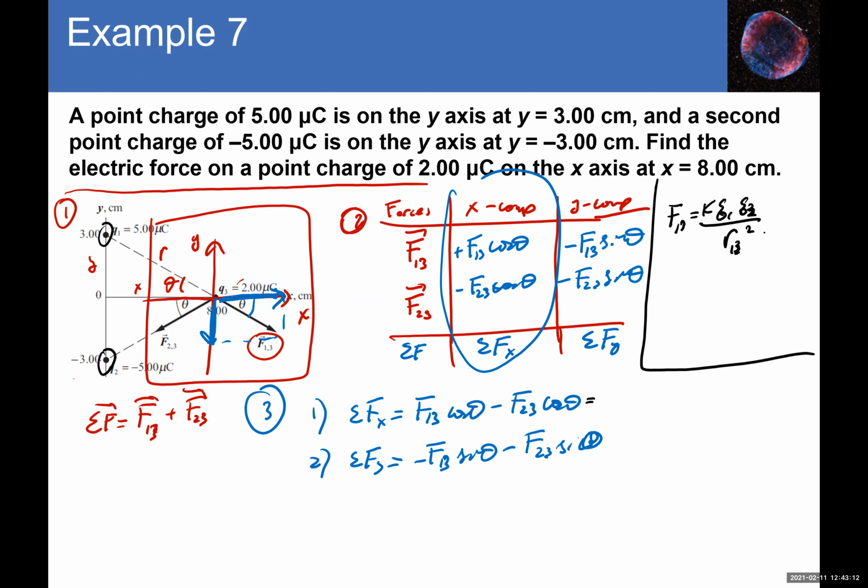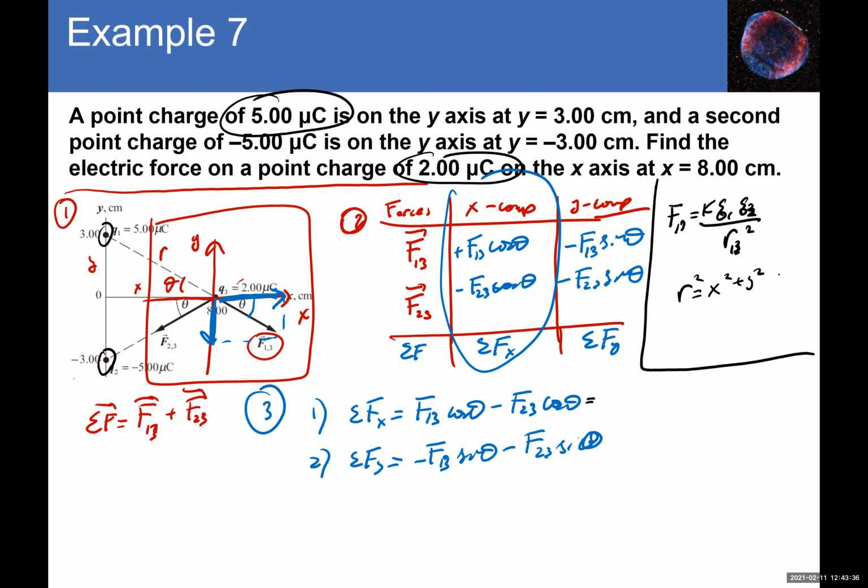I have Q1, and I have Q3, which is 2 microcoulombs. That means I can calculate that. I also have a direction. R squared will be X squared plus Y squared, so I can do that as well.